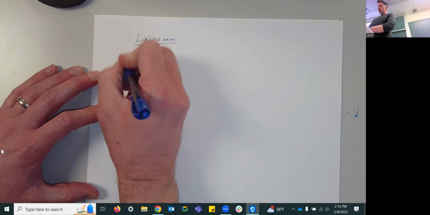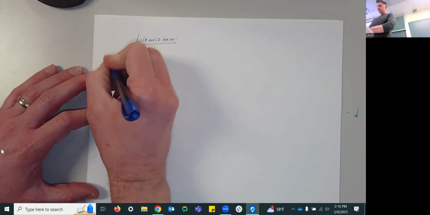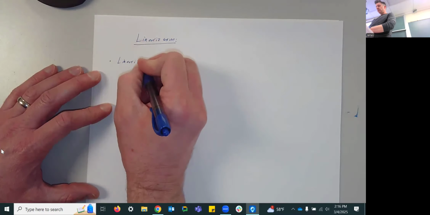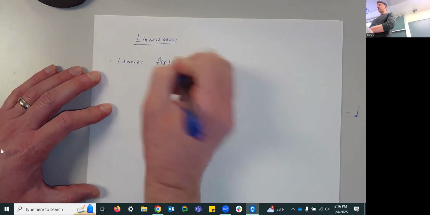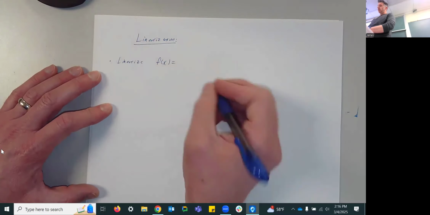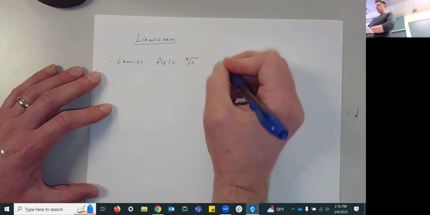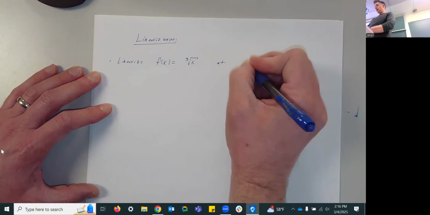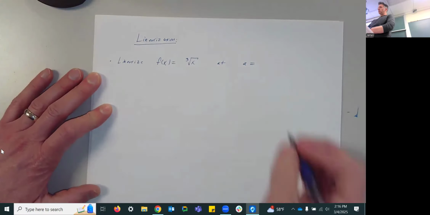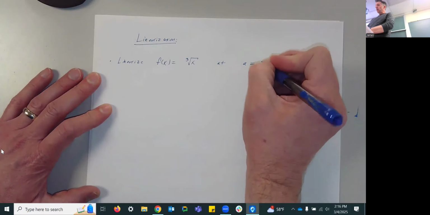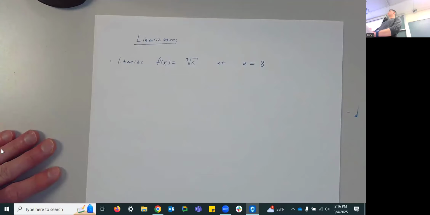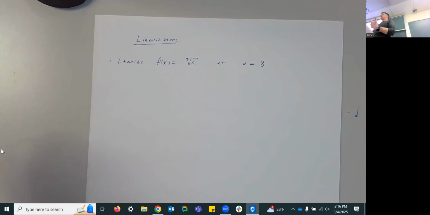We want to linearize f of x equal to, let's start off with something not terrible, the cube root of x at a equal to, pick a value close to something nice, a equal to 8. Okay, what are we actually doing here?